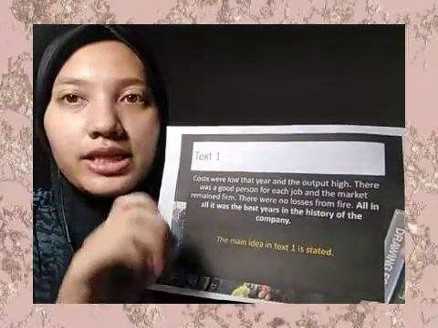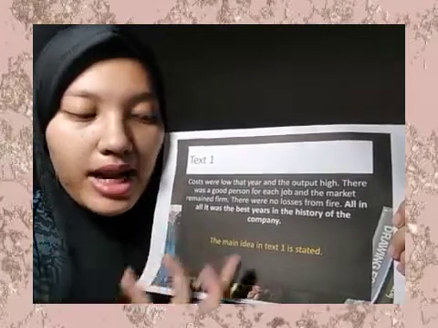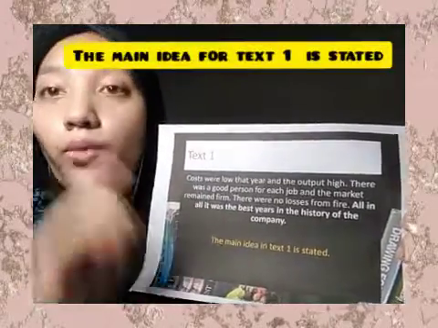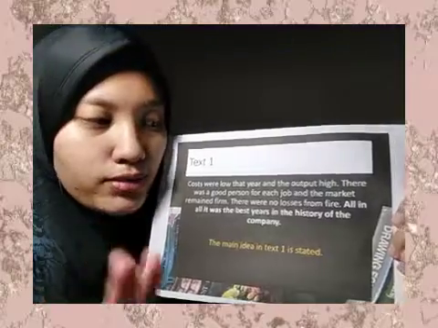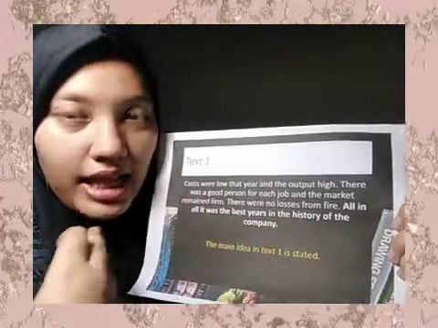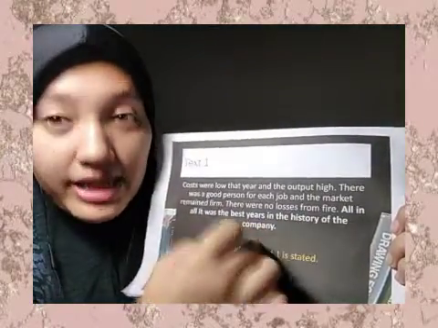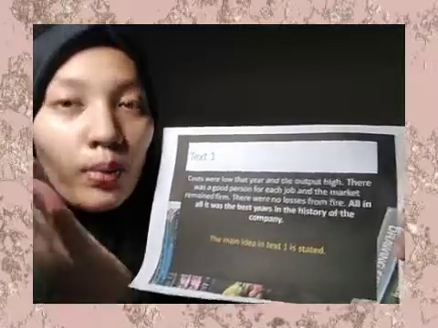I think text 1 clearly has a main idea there. So my answer is the main idea in text 1 is stated. Why? But before I tell you, the main idea is located in the last sentence. "All in all, it was the best year in the history of the company" is the main idea. Why?